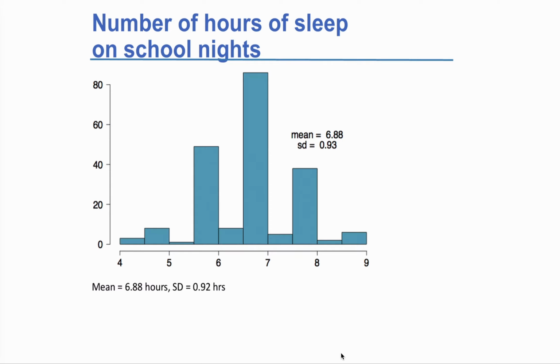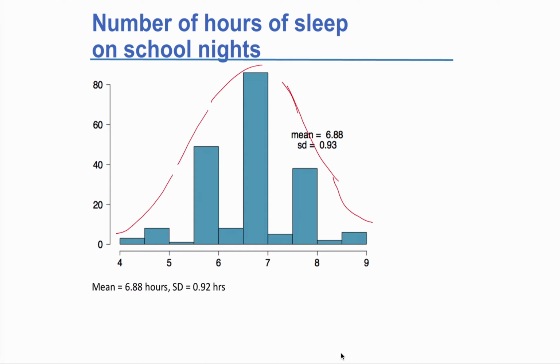So looking at this number of hours of sleep on school nights, the data appear to be approximately normally distributed. Obviously, this is not continuous, or when people reported their numbers, they did not report all the values between 4 and 9.